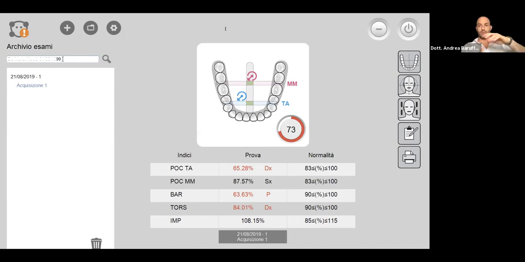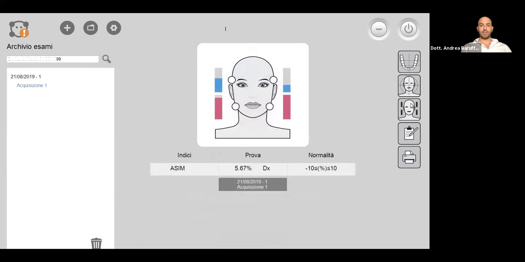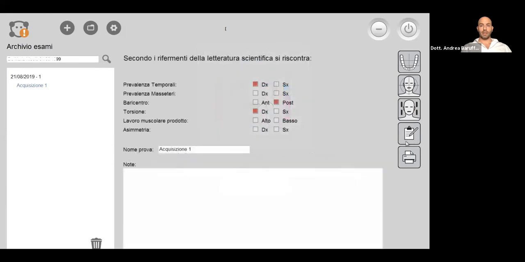So it means a torsion. The impact is normal. You can see that the left temporal muscle is working, and we can see that we have a right asymmetry.